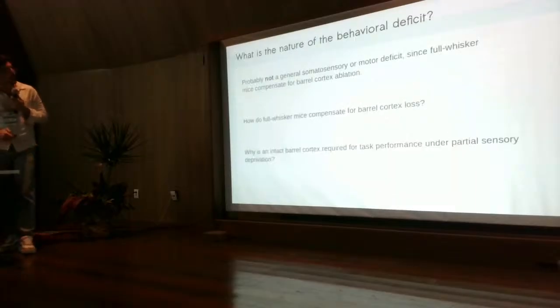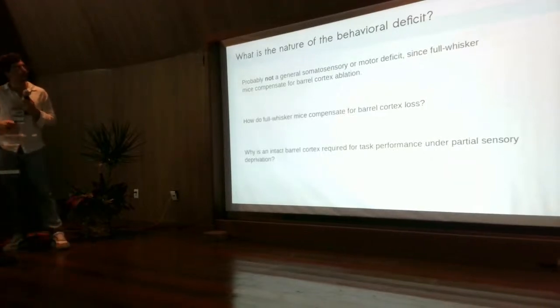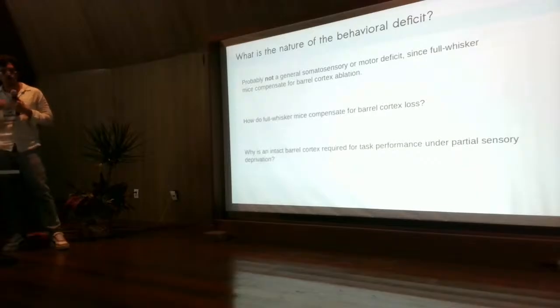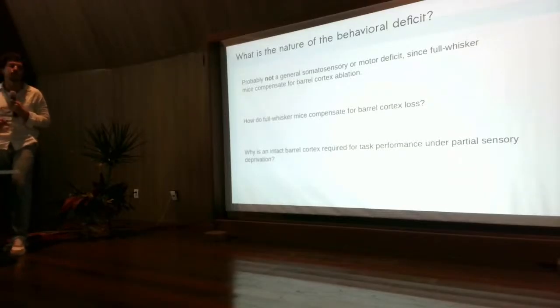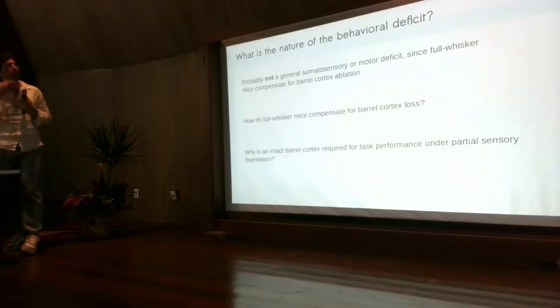So we want to know what is the nature of this behavioral deficit. To eliminate some interpretations, this is probably not a general somatosensory motor deficit or related to motivation, because full whisker mice can compensate for barrel cortex lesioning. So how do full whisker mice compensate for barrel cortex loss?